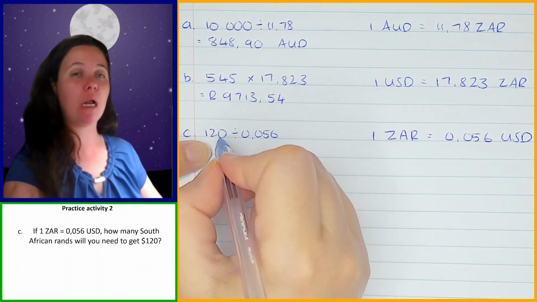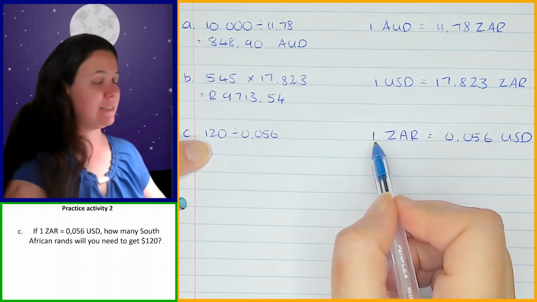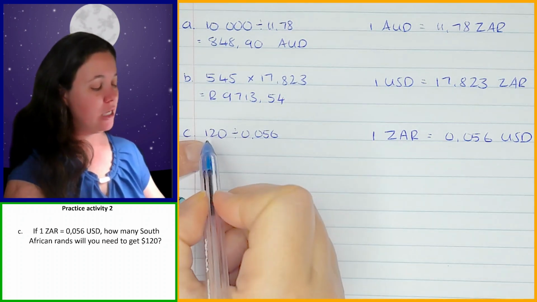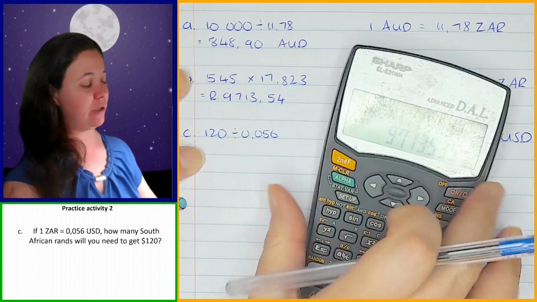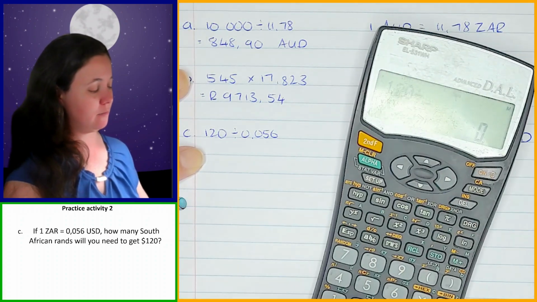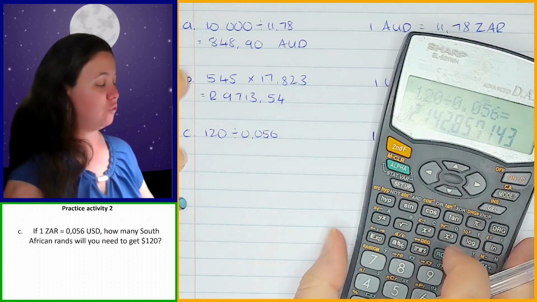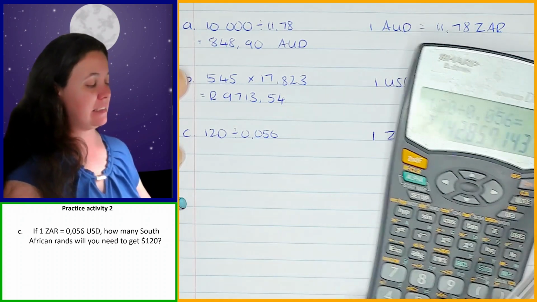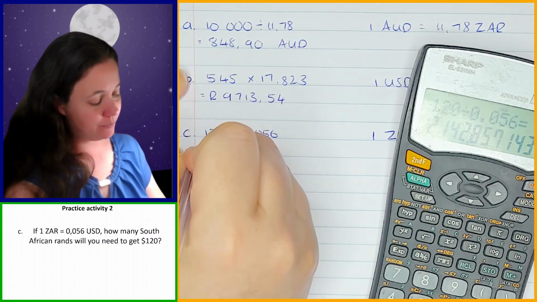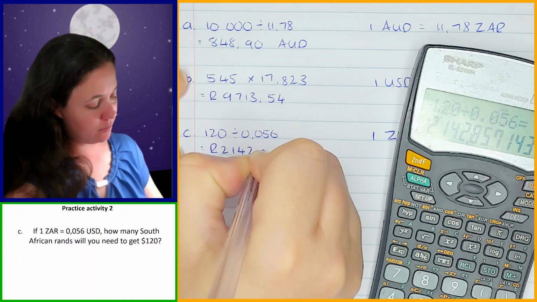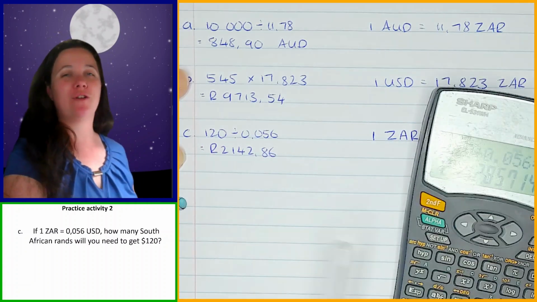And then I multiply by what I want, which is the South African Rands amount, which I don't need to worry about because it doesn't do anything when you multiply by 1. So 120 divided by 0.056 gives us 2,142 Rand and 86 cents if I round that up. So that's what you should have got for that question.